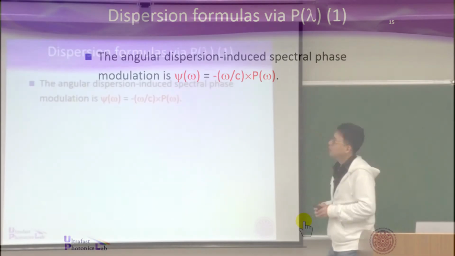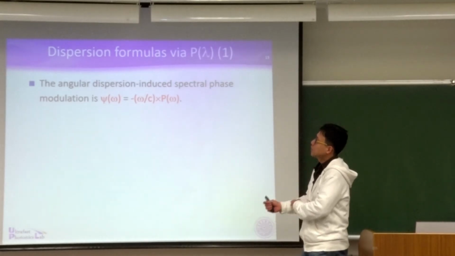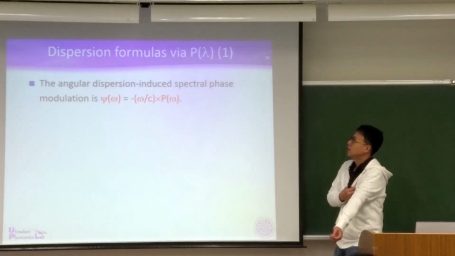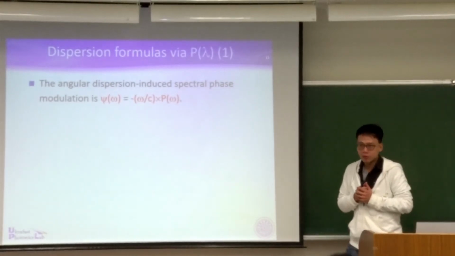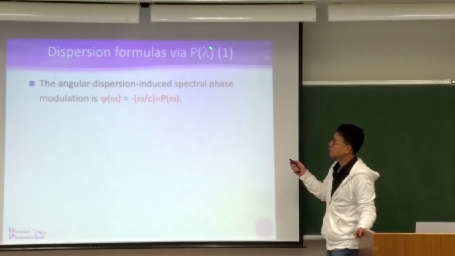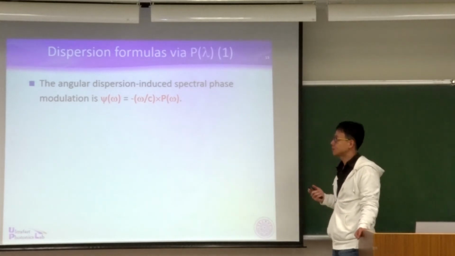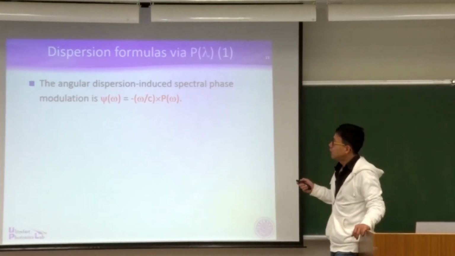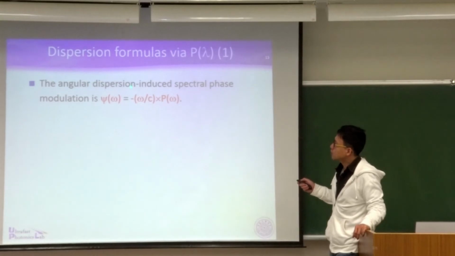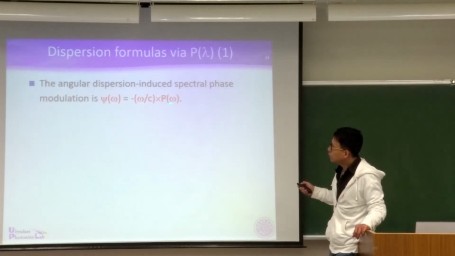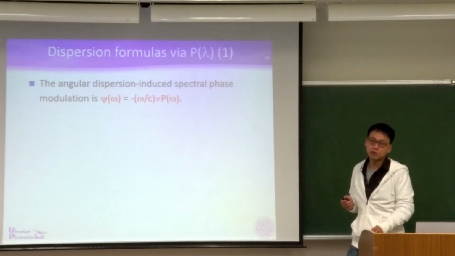Here I try to derive dispersion formulas by way of wavelength-dependent path length. P is a function of lambda. P means path length. The angular dispersion induced spectral phase modulation is like this: minus the wave number in vacuum, omega over c, times the frequency-dependent path length, P of omega.